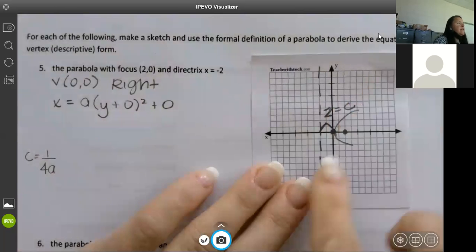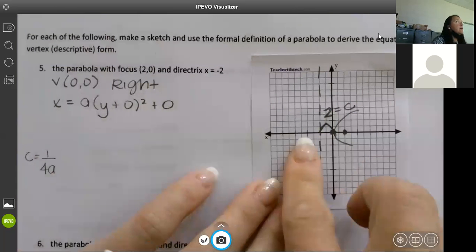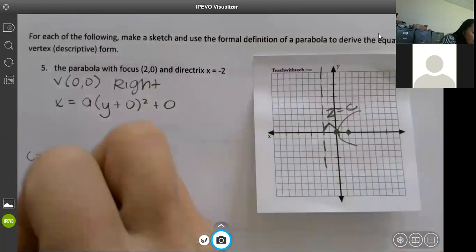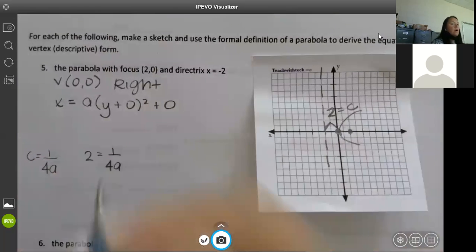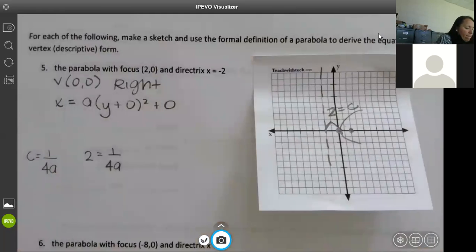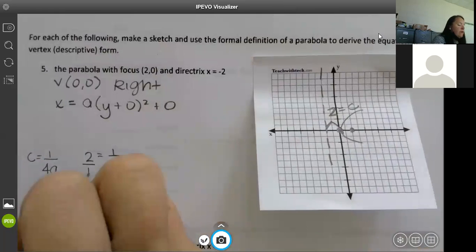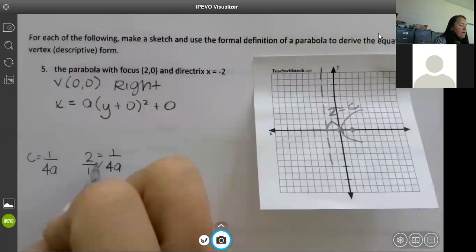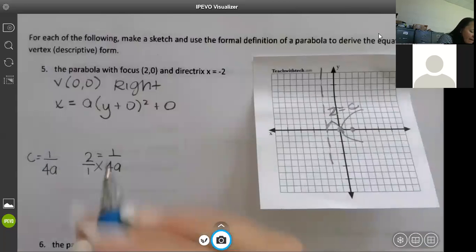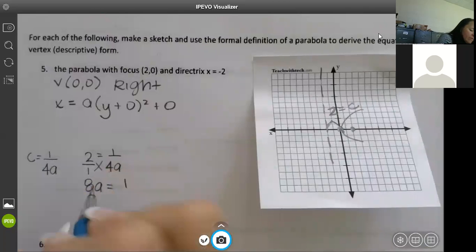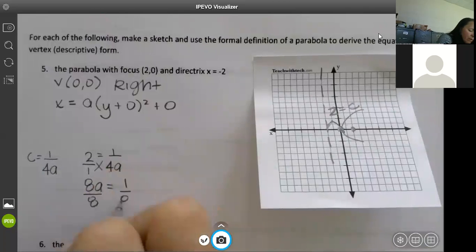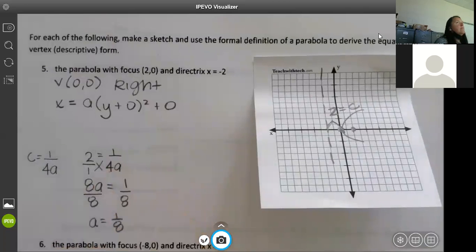How far is it from the vertex to the directrix or the vertex to the focus? So our c is 2, equals 1 over 4a. We're going to put the 2 over 1 and cross multiply. 2 times 4 is 8a. 1 times 1 is 1. And then we divide by 8. Is everybody good?